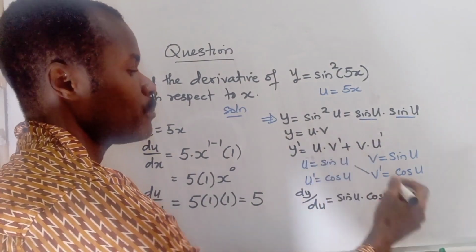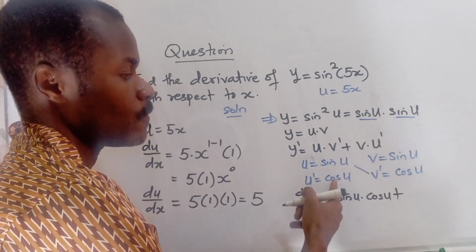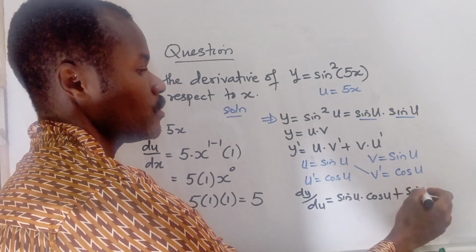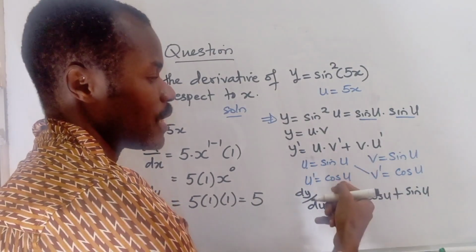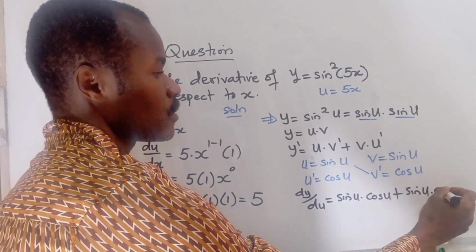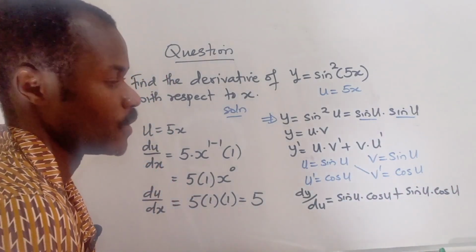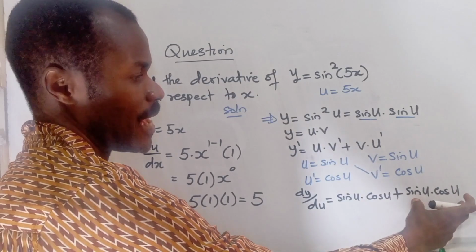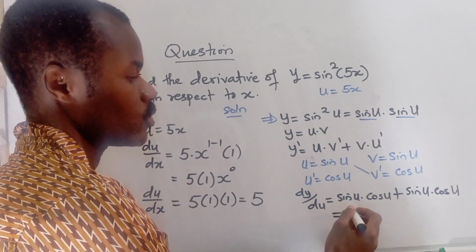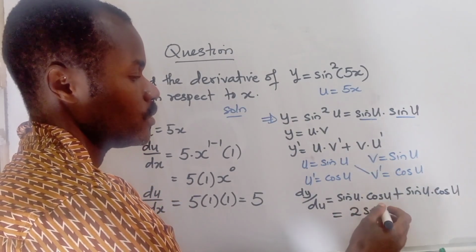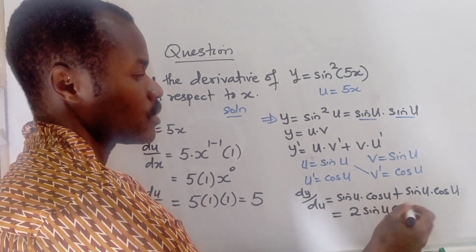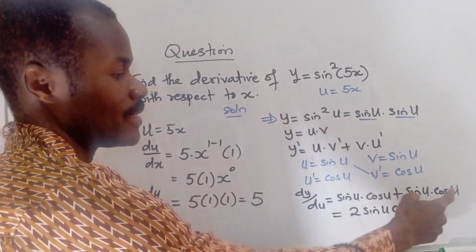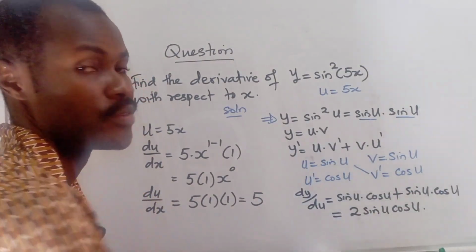Plus, we have now this times this, so we have sine u multiplied by cos u. You can see that adding this is going to give us 2 sine u cos u. Since they are the same, if we add them, it's going to give us 2 of it.